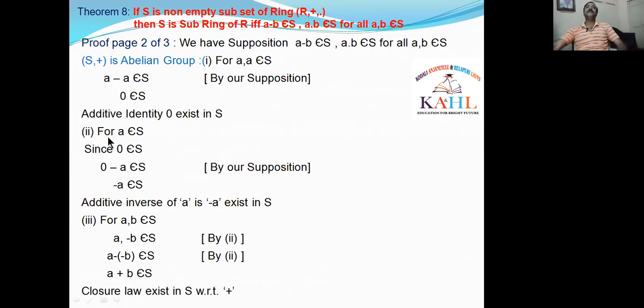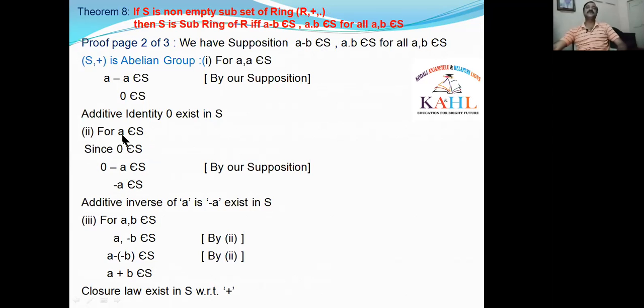Now I am taking, in the second bit, an element a belongs to S. Since we got that 0 belongs to S, now again by the supposition, a, b belongs to S means a minus b belongs to S. By using this supposition, 0, a belongs to S implies 0 minus a belongs to S. 0 minus a means minus a belongs to S. For a belongs to S, minus a belongs to S. What is minus a?